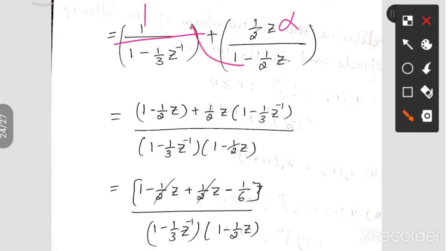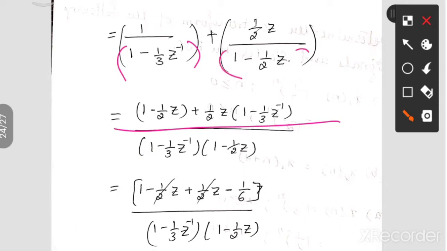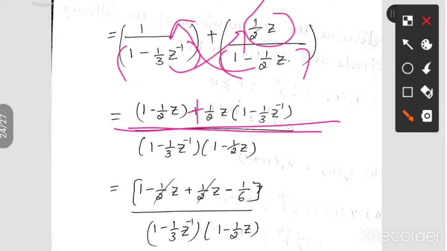To simplify this, we are going to take an LCM. When taking the LCM, it will be 1 minus 1 by 3 z inverse into this factor. Just multiply this here to here and here to here. That will be 1 minus 1 by 2 z in the numerator, plus 1 by 2 z into 1 minus 1 by 3 z inverse.